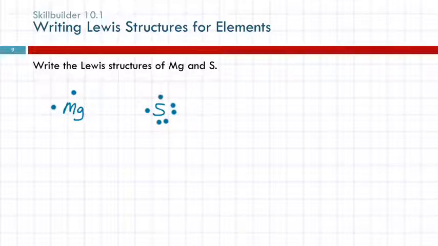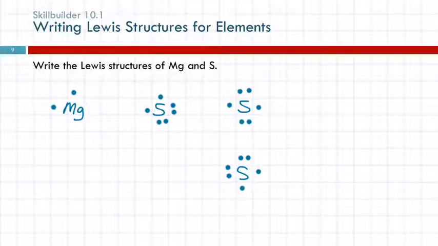Oops. It's too big. It doesn't matter where you put the pairs. So, I could do it like this. There's several different ways you could do it. It doesn't matter. But there should be 2 pairs and 2 singles for sulfur.